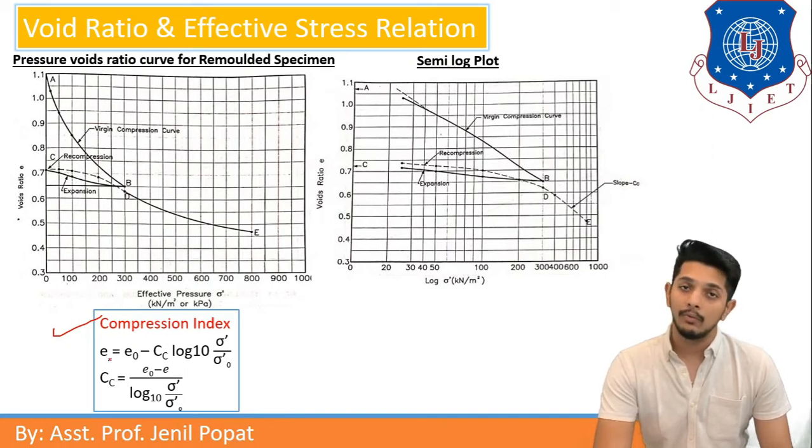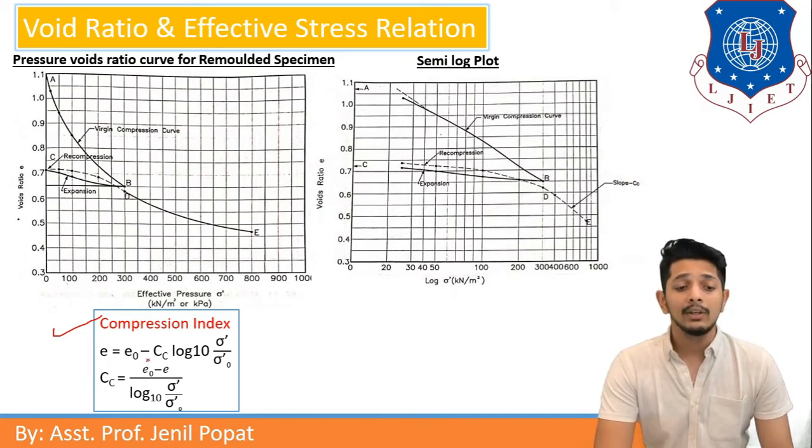Here e is void ratio, e0 is the initial void ratio in the starting, Cc means compression index, and in log 10 base sigma dash upon sigma 0 dash, sigma dash is the final effective pressure and sigma 0 dash is the initial effective pressure.